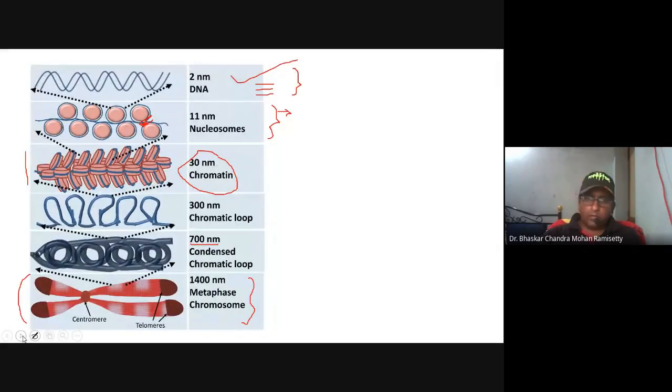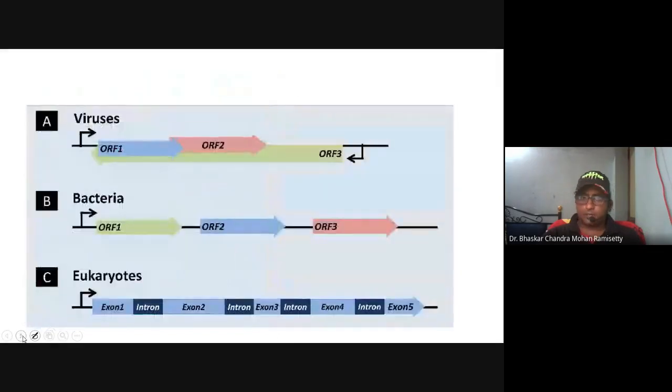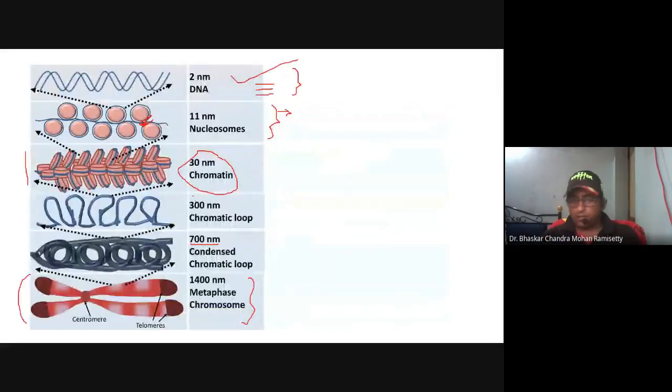We will move on to the next one. Before I go in, I think I was telling you this. We have so many chromosomes, and if we put all the chromosomes extended completely and linearly, one end attached to the other, you will have approximately 2 meters of DNA.